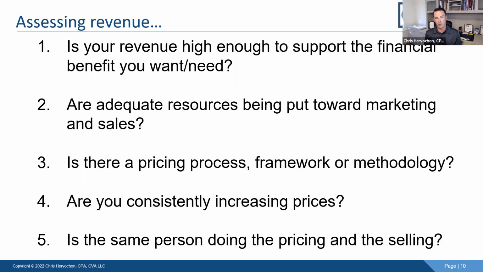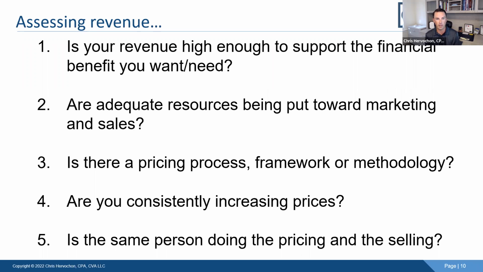Gross margin factors in all of the things that are going to be variable with delivering your service. Those are your contractors that you hire to complete specific client work. You're definitely going to get bleed if you are not increasing your prices, at least in line with the inflation that you are experiencing, for sure. And prices should increase over time on a consistent basis, for sure. That's number 4. Number 5 is the same person doing the pricing and the selling.